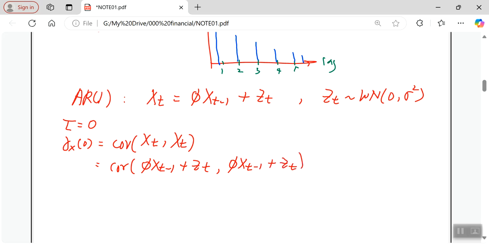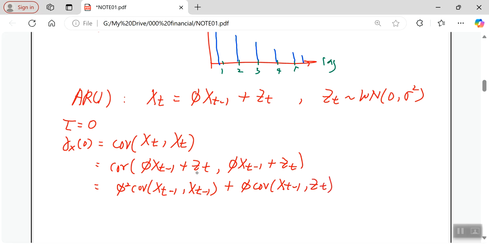In this case, we have several pairs of values: phi squared times the covariance of Xt minus 1 and Xt minus 1, plus phi times the covariance of Xt minus 1 and Zt.